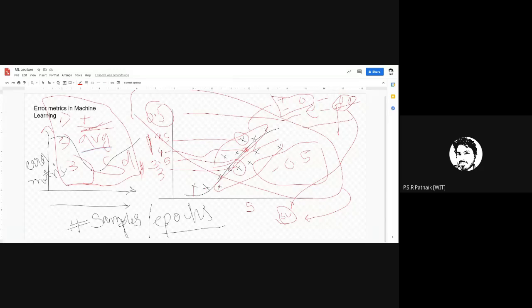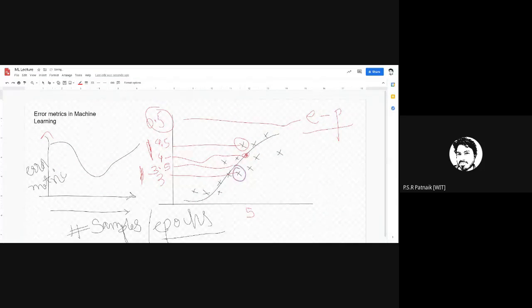For this, we have two values. What are those two values? They are called the two error metrics for linear regression. The first one is mean absolute error.